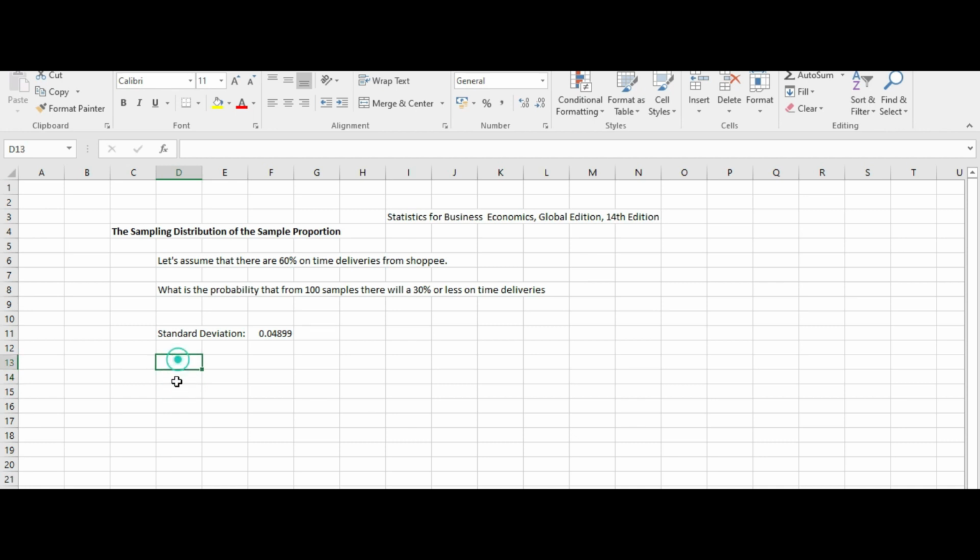Now that we have the standard deviation, we now get the z value. What is the z value of 30% or less on-time deliveries?